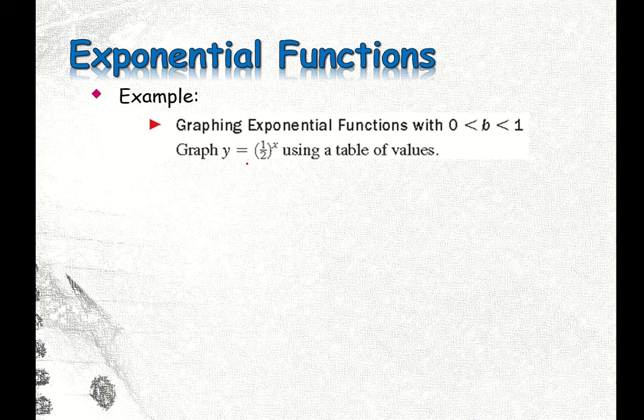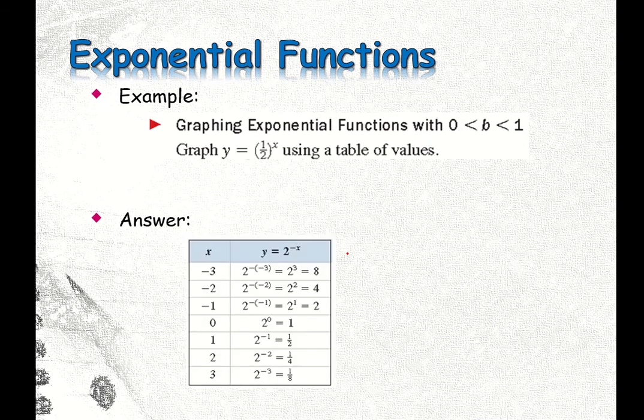We're given the function y equal to 1 half raised to the power x. So this is our exponential function. Now again, tabulating the values for x and calculating the value for y, we have the following result here. I will not elaborate on this one. It's just a simple substitution of the value of x to the given equation.